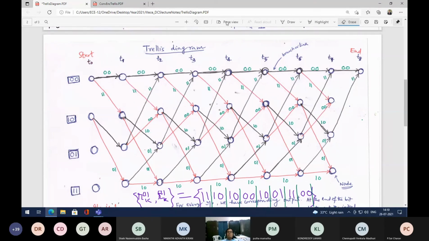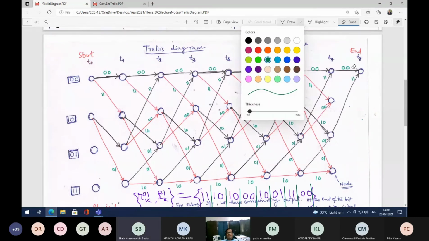Sir, it will be easier to do this if we go along this line. Yeah, we'll come to that point.